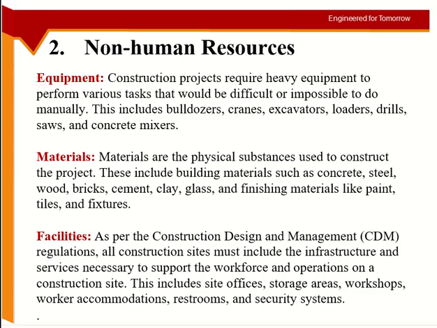Then we have facilities, and as per the construction regulations which are adopted worldwide, we have to provide certain facilities to the workers on the site so that they can work in a proper way. And these facilities include site offices, storage areas for materials, workshops. They have to do some cutting or bending or something, so there should be a secure place for doing this sort of work.